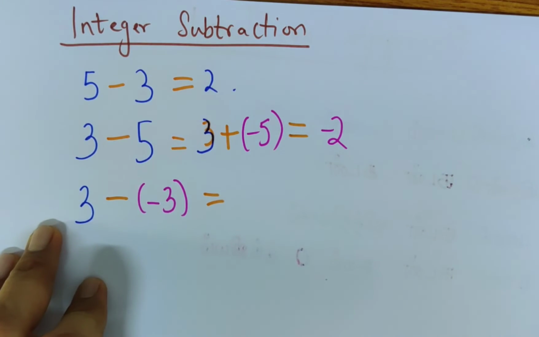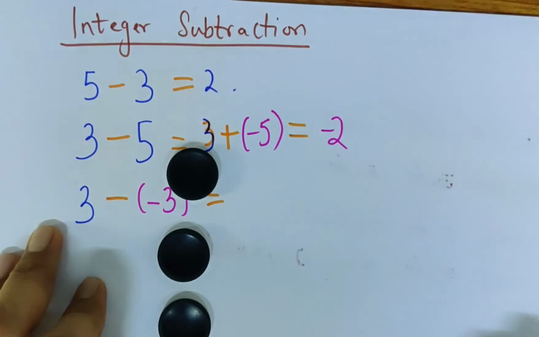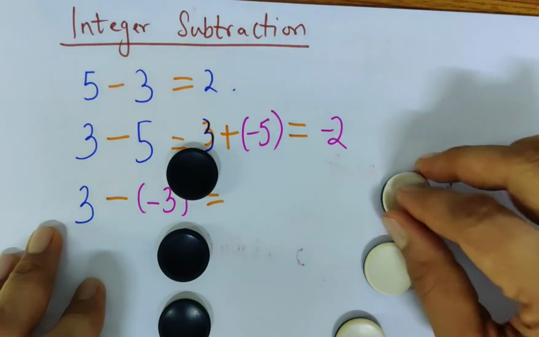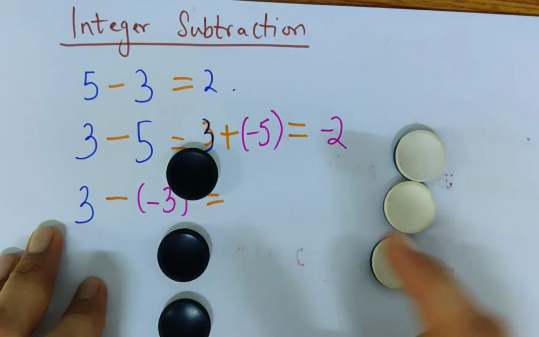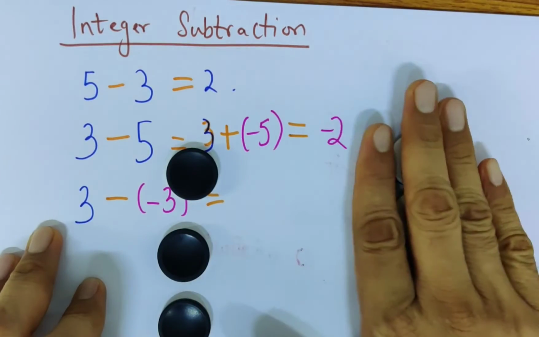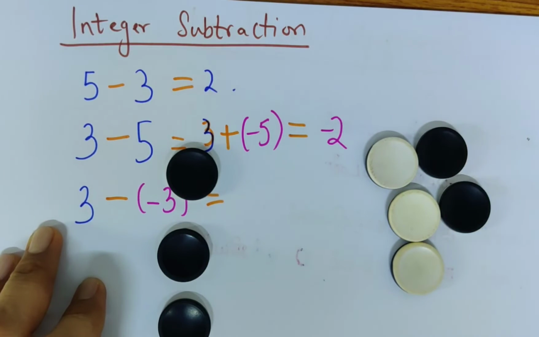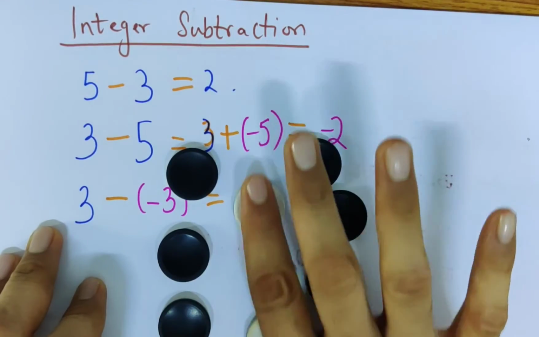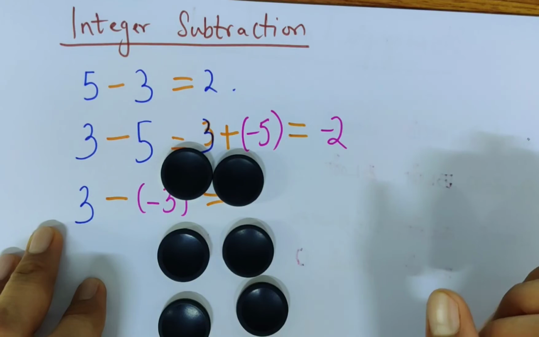So that is I had 3. But I wanted to remove 3 of these. But I can't remove 3 of these from here because they are not there. So again you use Brahmagupta's fourth law and you add zeros. Zeros you can add. So when you add zeros, then you can remove the negative 3 and you are left with 6.